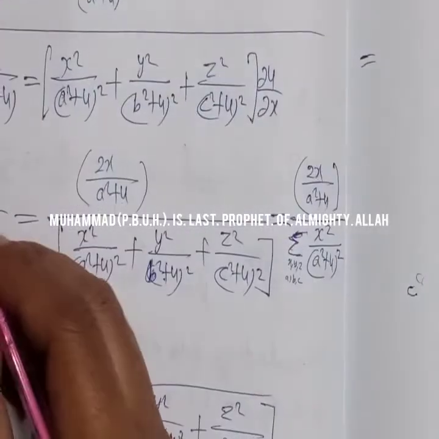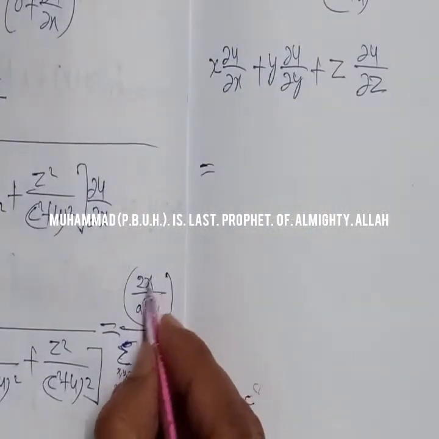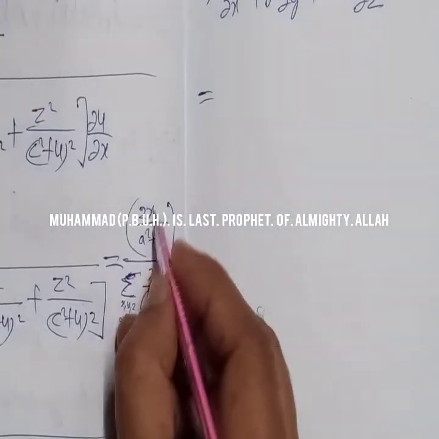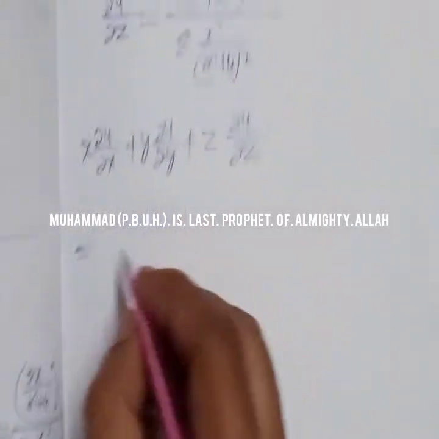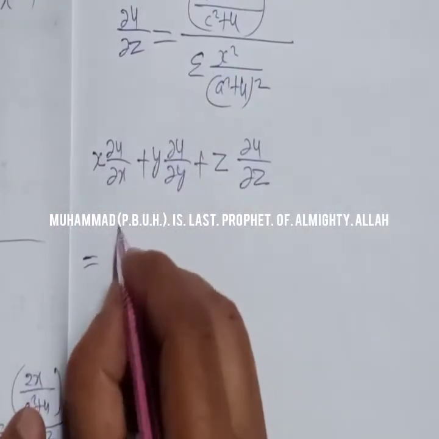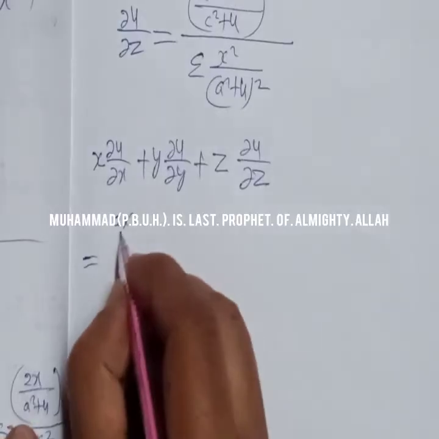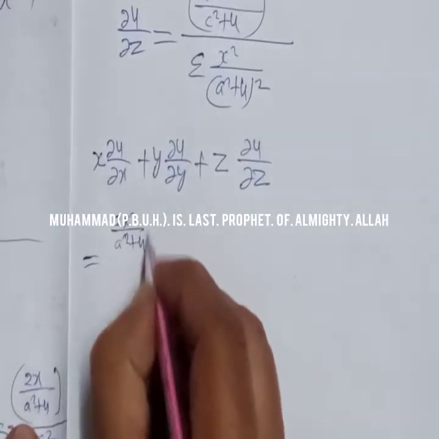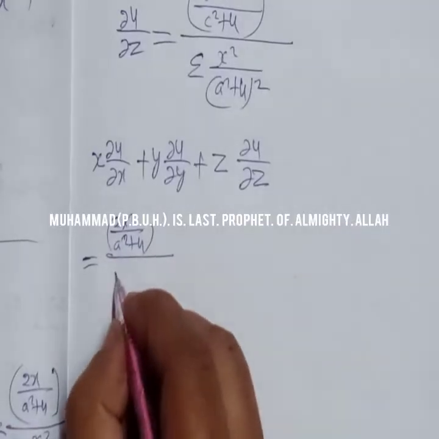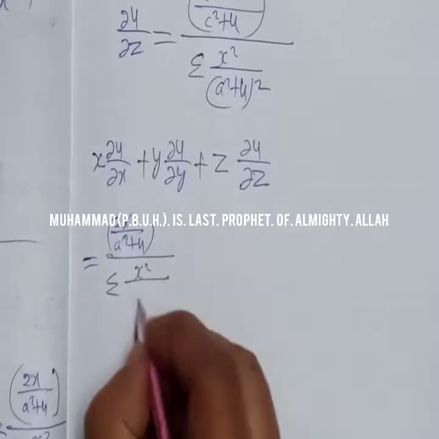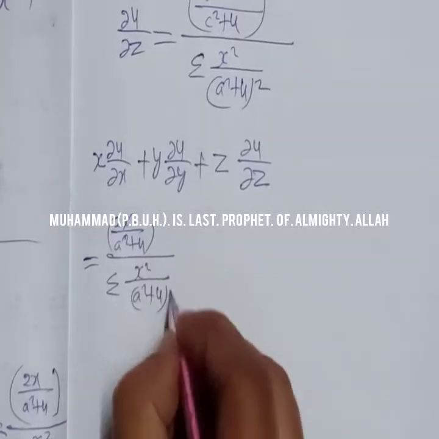So write these values on multiplying by x, y and z respectively. On multiplication by x here, it becomes 2x square and all the rest is the same. So I write directly here 2x square upon a square plus u upon sigma x square upon a square plus u whole of square.